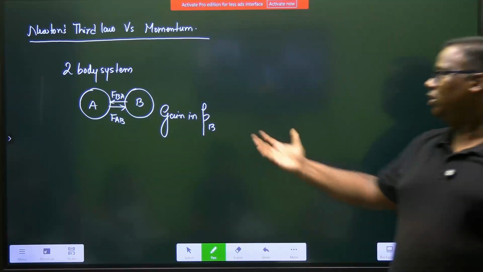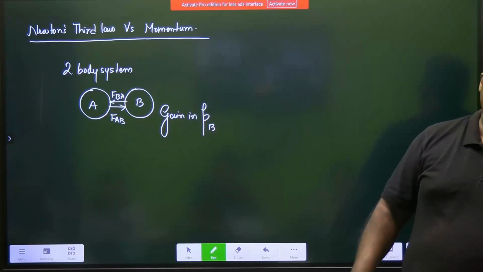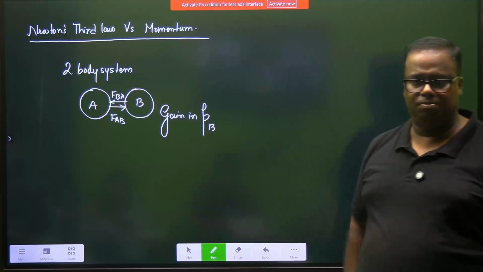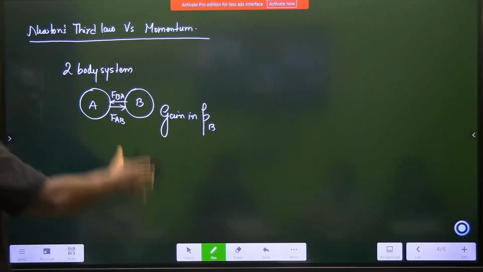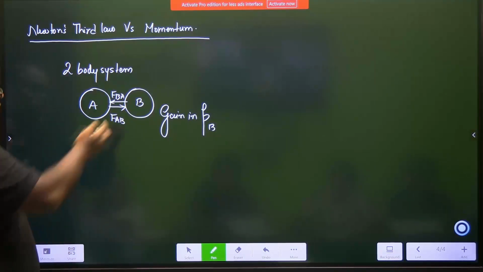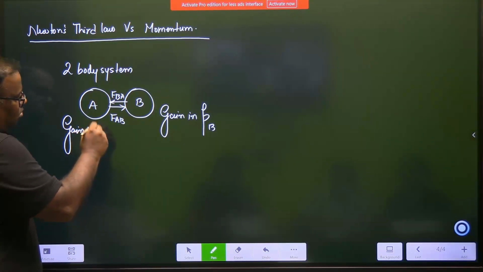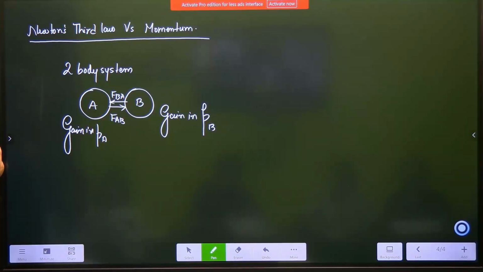Okay. Body B is actually experiencing a force. It means it will have some velocity. Don't you think there will be a gain in momentum? Right? At the same time, if there is a gain in momentum on this side, don't you think on this side also there should be a gain in momentum? Because this body is also going to experience a force.